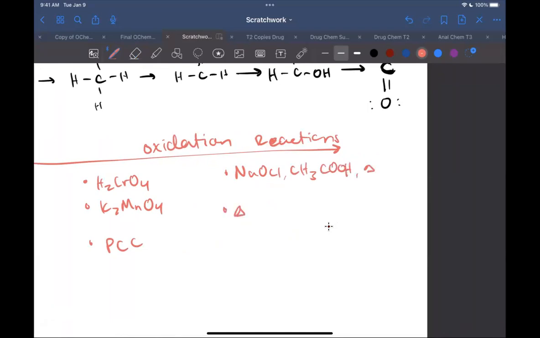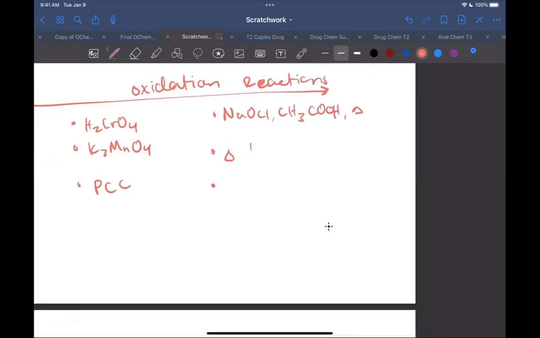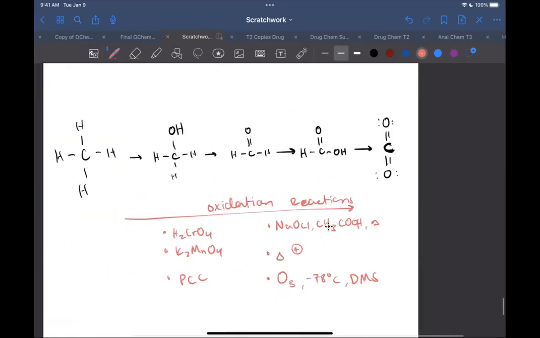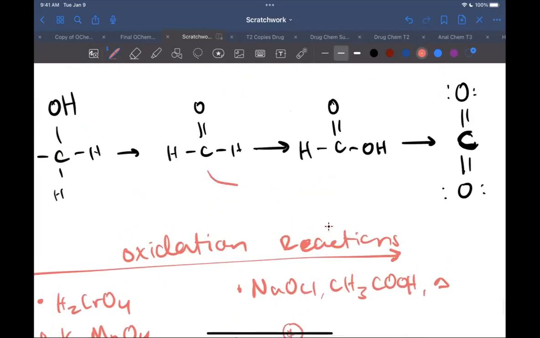An argument could be made that it's heat, because we can decarboxylate something. That's a special situation though. And ozonolysis. So if I'm trying to get from the aldehyde to the carboxylic acid, or the alcohol to the carboxylic acid, I just treat it with H2CrO4 to go down the line.